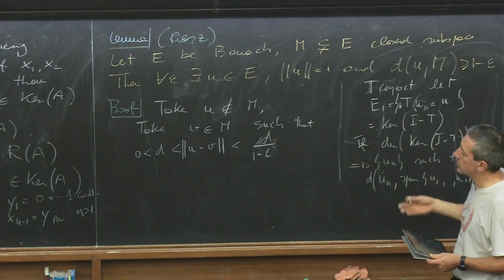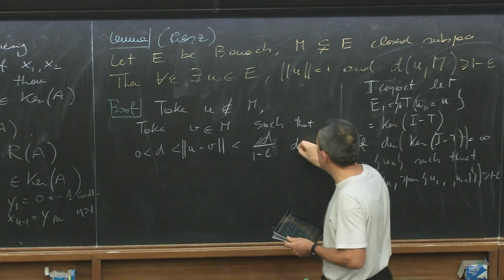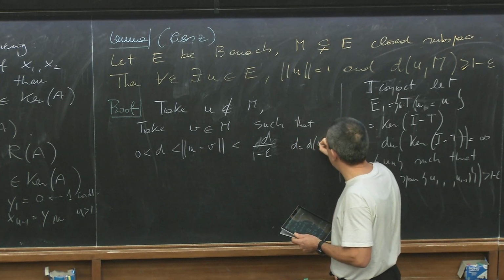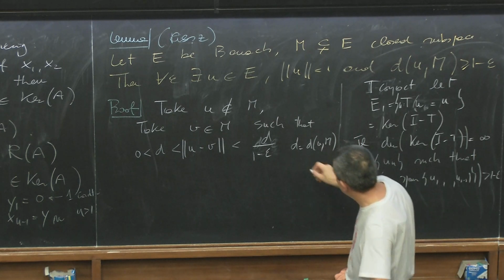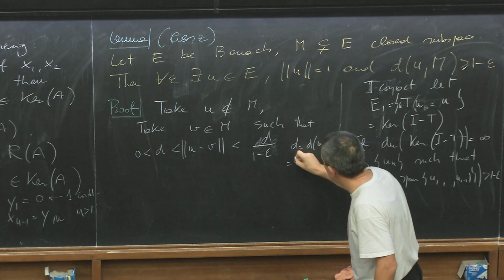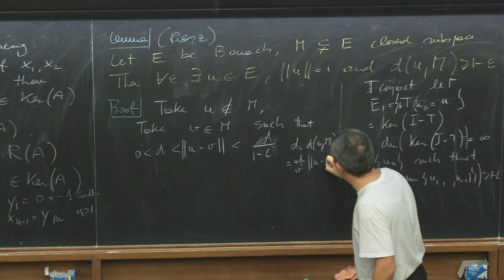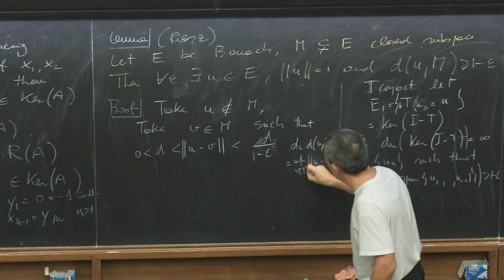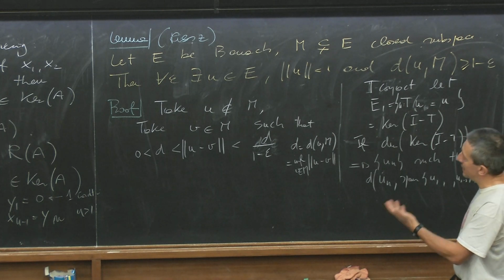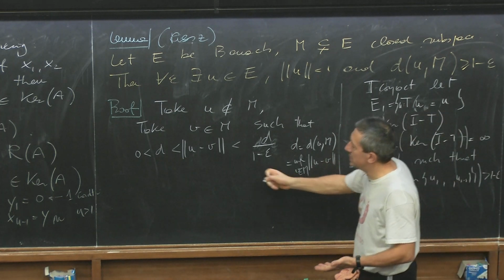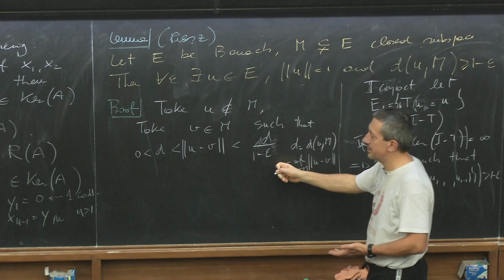This can be done because D is the distance of U from M, the infimum over V in M of the norm of U minus V. By definition of the infimum, there exists some point which is as close as we want to the infimum.